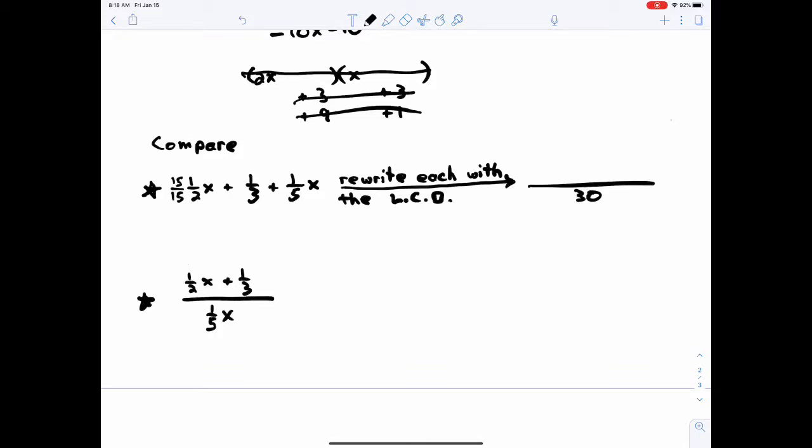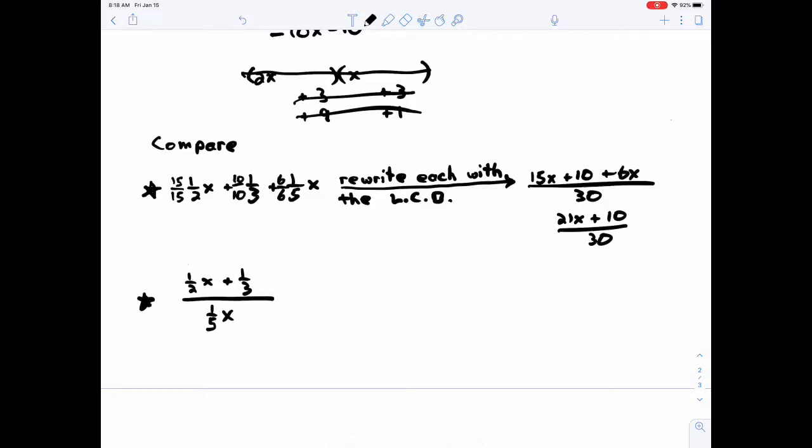It has to be something over itself. On the second fraction, you don't multiply by 10. You multiply by 10 over 10. And the last fraction, you don't multiply by 6. You multiply by 6 over 6. And then you combine those to get 21x plus 10 all over 30. Okay, well, that's what we did before.